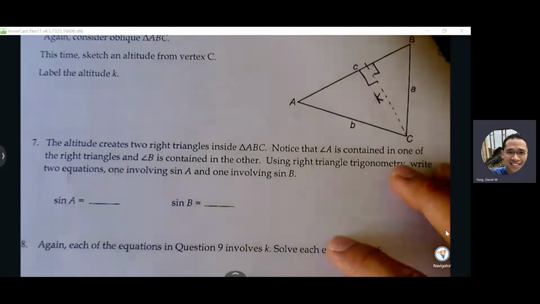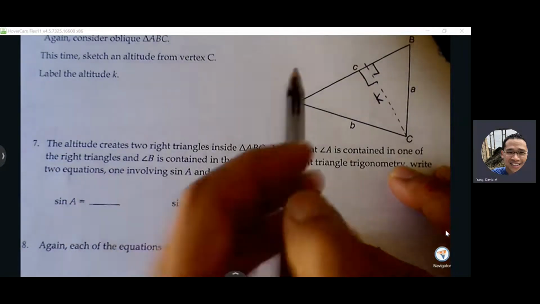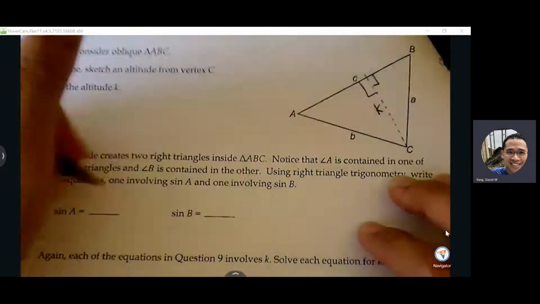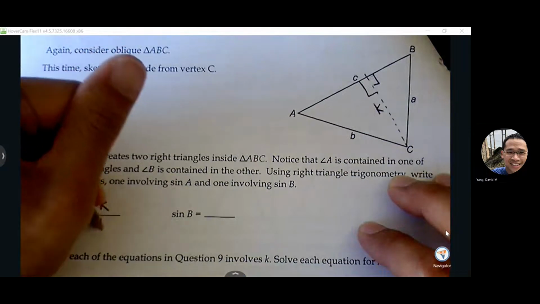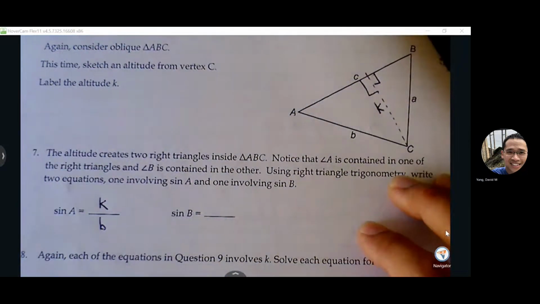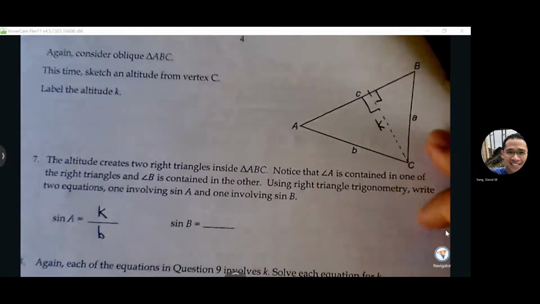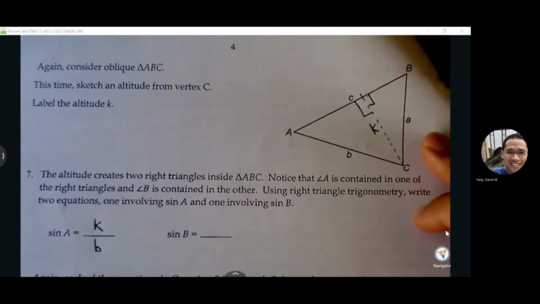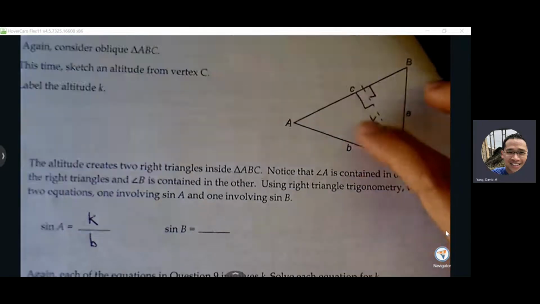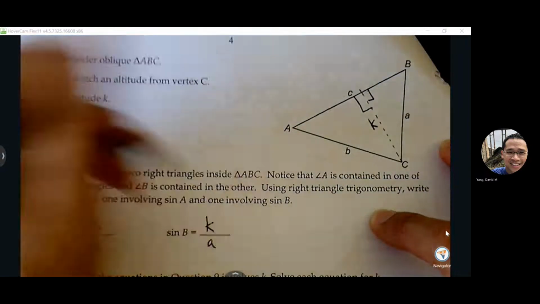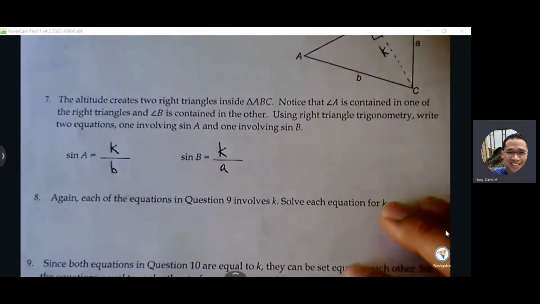Okay, same idea here. Sine of A is equal to K over B. Sine of B is equal to K over A, right? Opposite over hypotenuse. Cross multiply again.